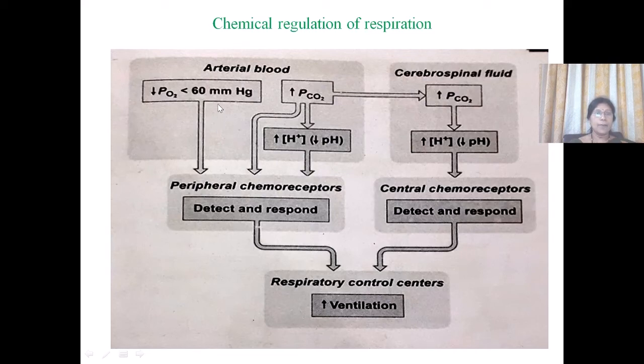But when the partial pressure drops to about 40%, that is about 60 mm of Hg, then the rate of respiration increases to 60 to 70%. But when the partial pressure of carbon dioxide rises by about 10%, then the rate of respiration is doubled. Hence, the partial pressure of carbon dioxide is the main factor in regulating respiration.